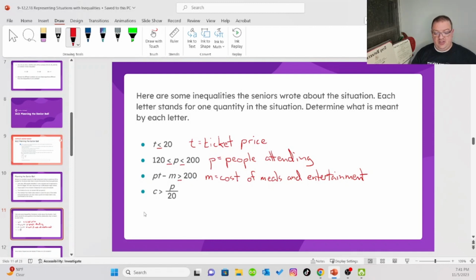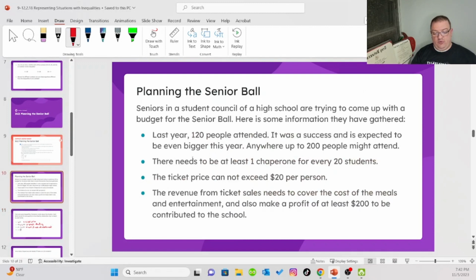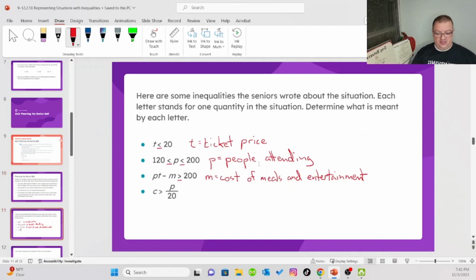And finally, we see that C is greater than P, which we said was the number of people attending, divided by 20. Well, the only one we haven't accounted for is the second bullet point. There needs to be at least, meaning greater than or equal to, one chaperone for every 20 students.